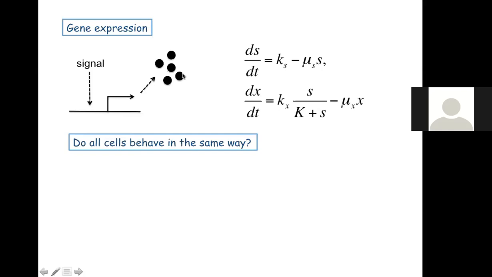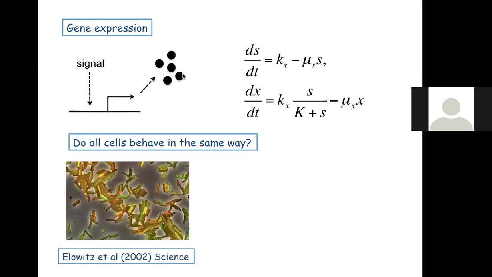Now the question is, in a multicellular system or in an isogenic population of single cell collection, do all cells behave in the same way? The answer is no. It's a very nice picture from the experiments from Elowitz's group, probably at Caltech. They have expressed some reporter GFP in single cell bacteria.